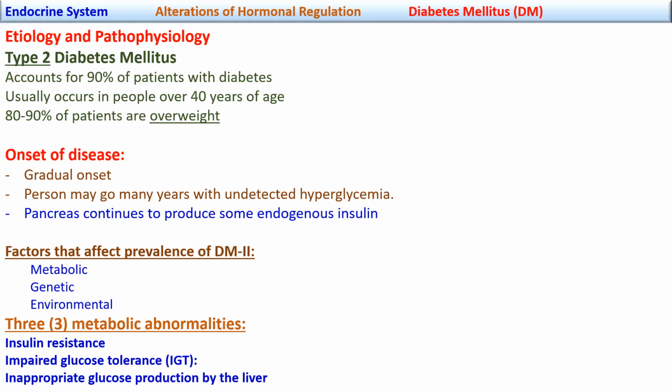Either the amount of insulin is insufficient for the amount of glucose available in the bloodstream, or the tissues are unable to utilize the insulin.